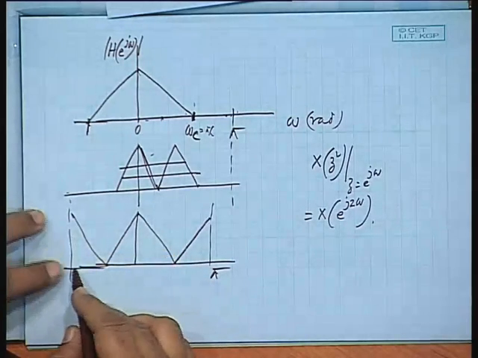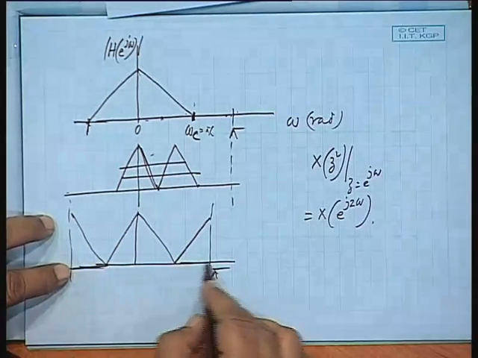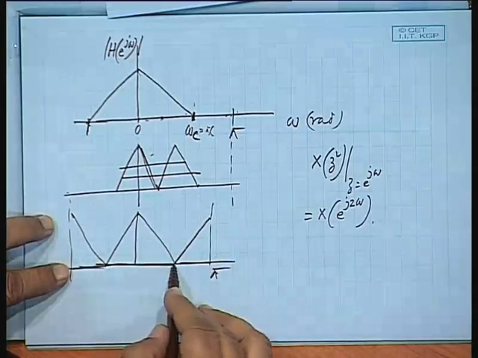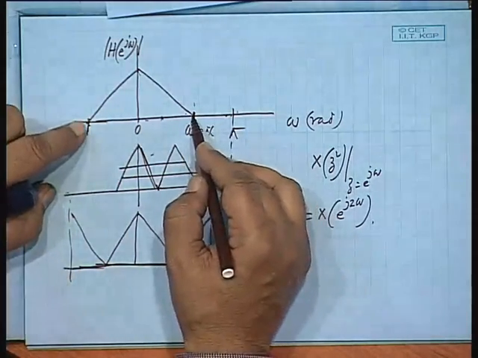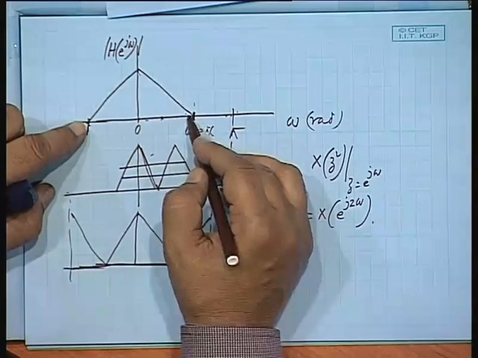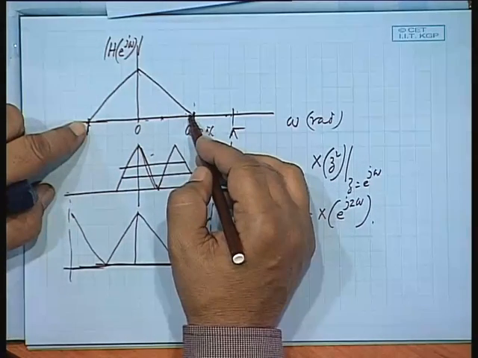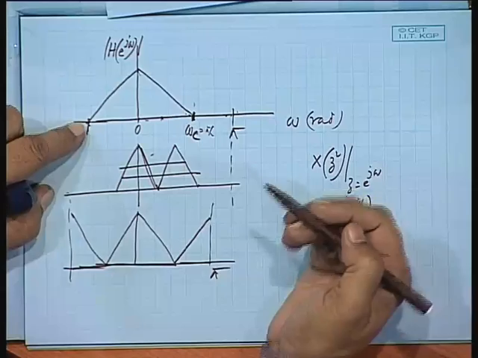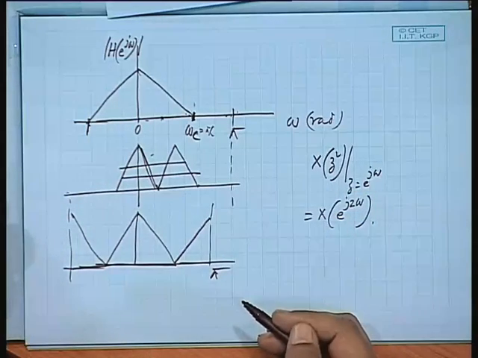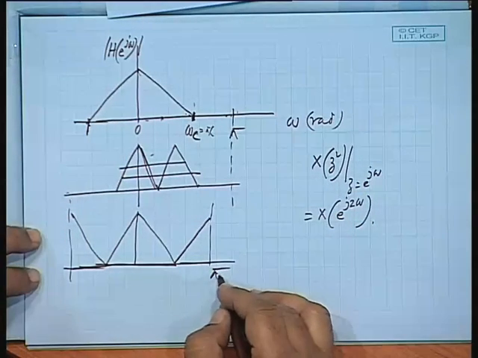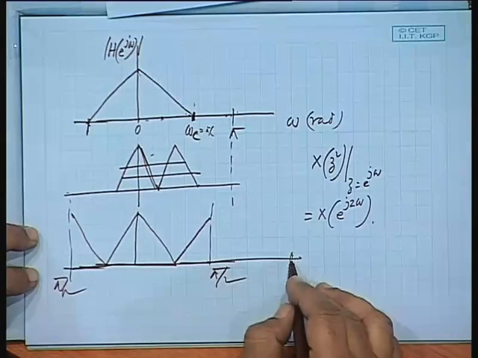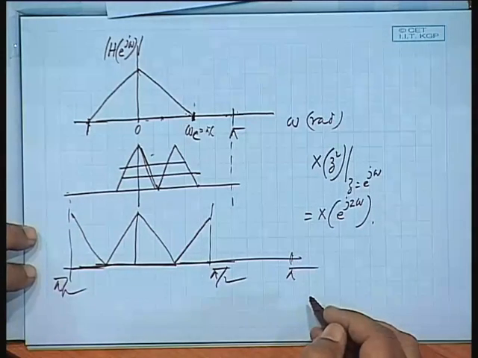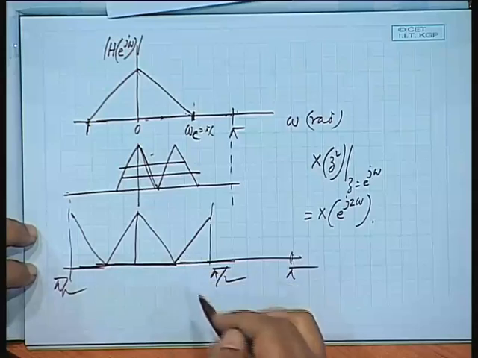This entire range, this is half the segment, this is half the segment, that makes one full segment, and this is one segment. 2 segments will be covered. If in a range of pi, one segment was covered, now in a range of pi, once again this will be pi by 2, this will be pi by 2, and pi will be here somewhere. So, it is double.